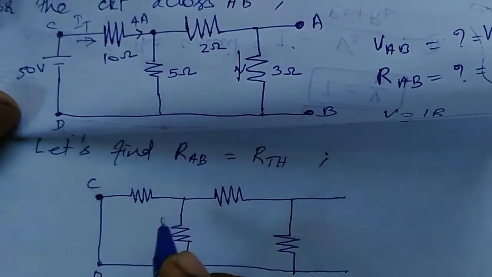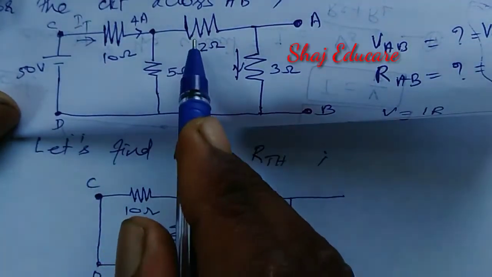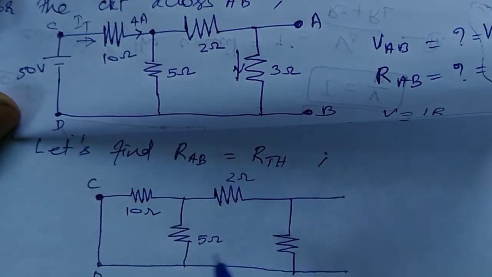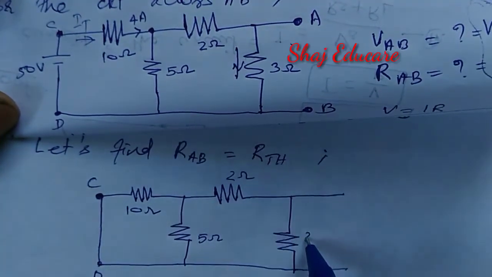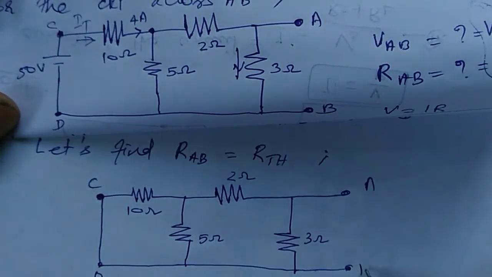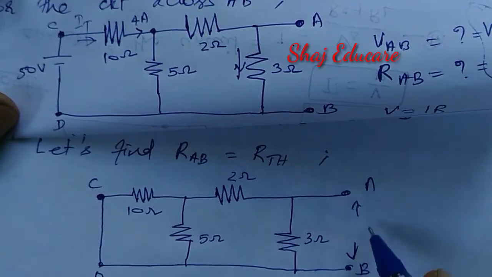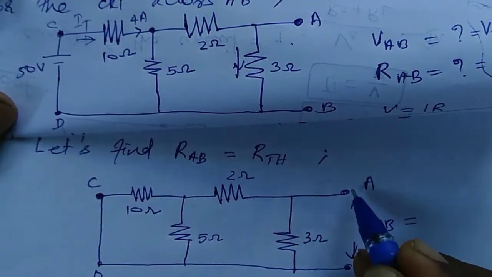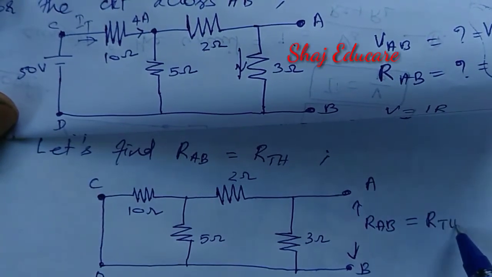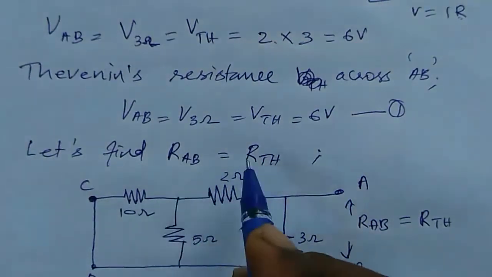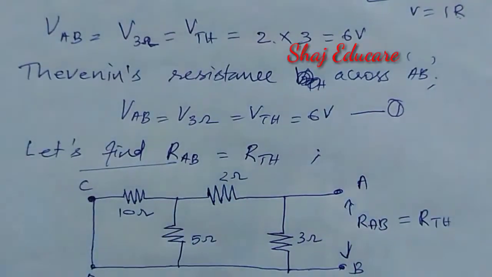Then 10 ohm, next this 2 ohm, then 5 ohm, and finally this 3 ohm, then A and B. Now we have to find the equivalent resistance across A and B. That will be the Thevenin equivalent resistance, which is what we are going to find here.